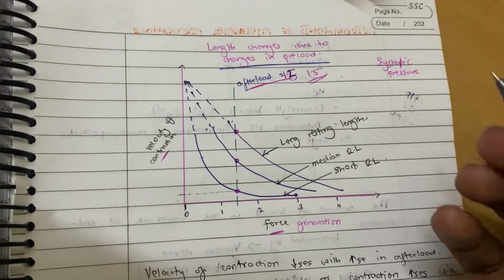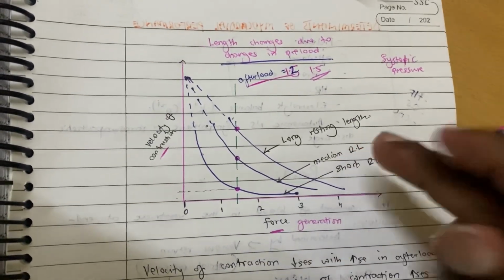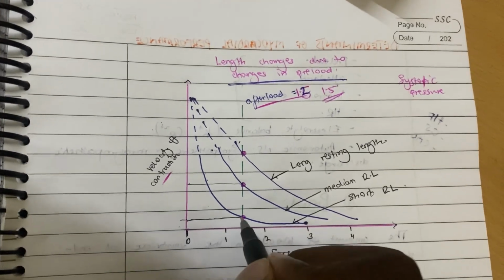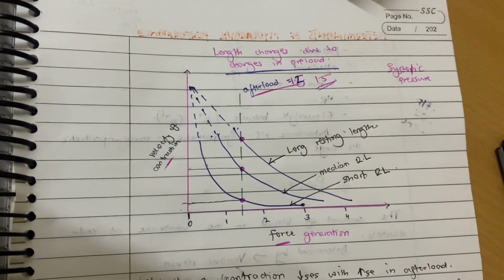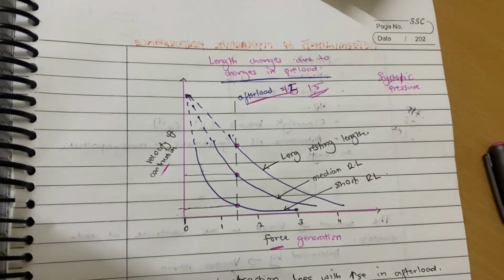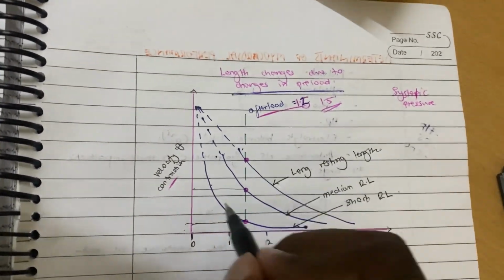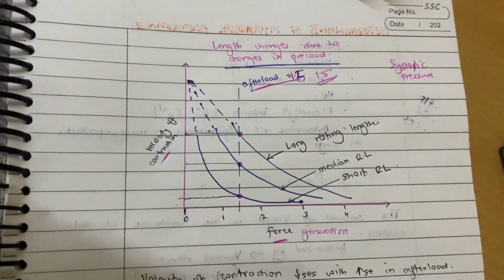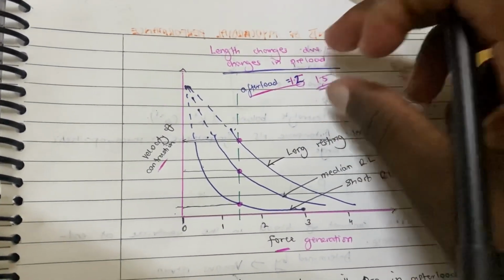This is the velocity of contraction at intermediate or median length. The velocity is a bit high. It shows how fast the muscle can generate force, how fast the contraction happens. And then at long length, see where the velocity is. We have fixed the afterload at 1.5.